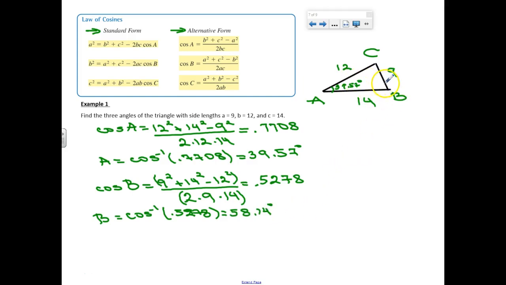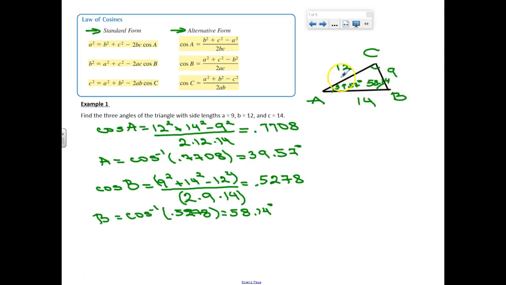Now we have found angle B as well. This is 58.14. I wish my triangle was a little bit bigger, but this will do for now.